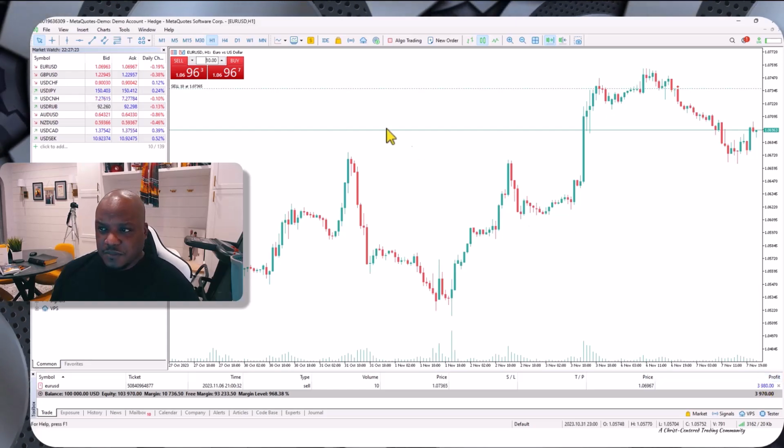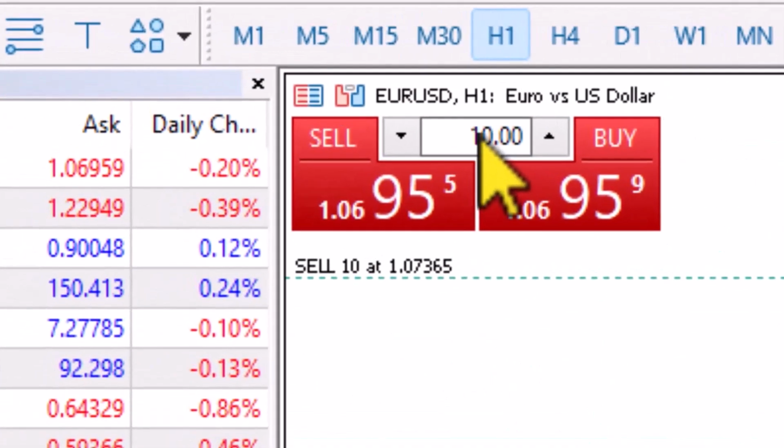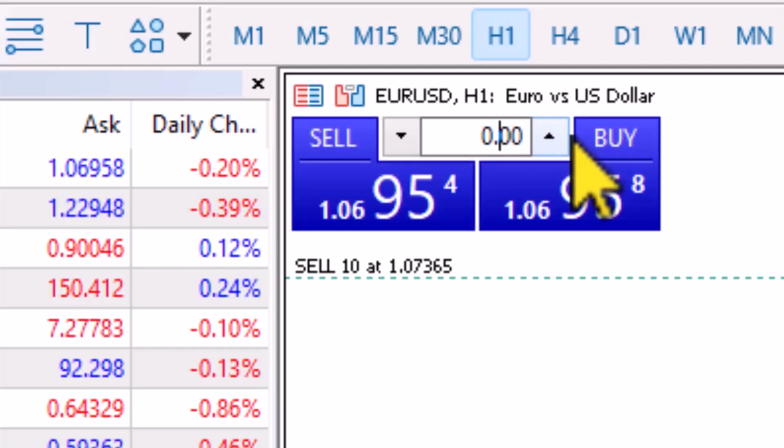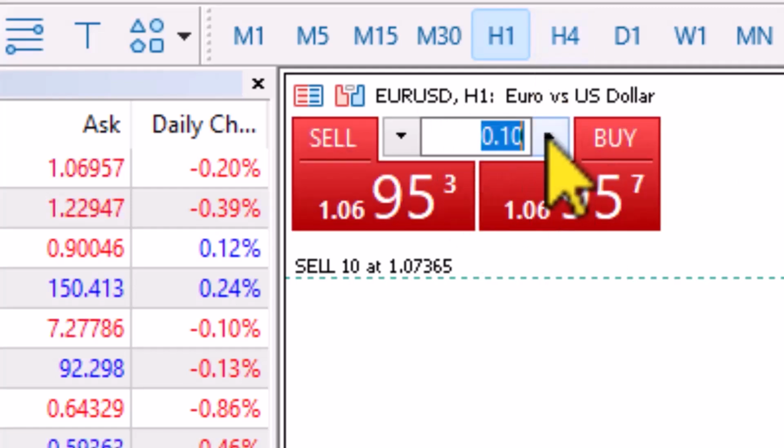And so if we wanted to risk, let's say, $10 per pip, we would have entered a lot size here of 1.00. If we wanted to risk $1 per pip, we would have entered a lot size of 0.10. If we wanted to do 10 cents per pip, we would have entered 0.01 as a lot size.